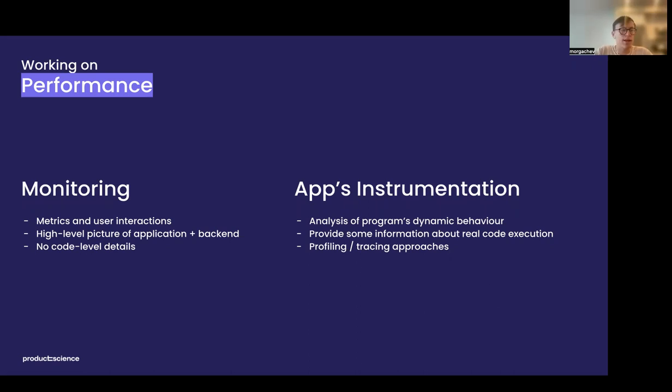So it's about predefined metrics, predefined backend calls, user interaction, and so on. And the second part is app instrumentation. It's already analysis of program dynamic behavior, when we are analyzing the executed code itself, the executed methods, and executed lines of code.